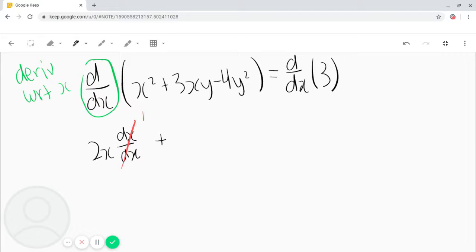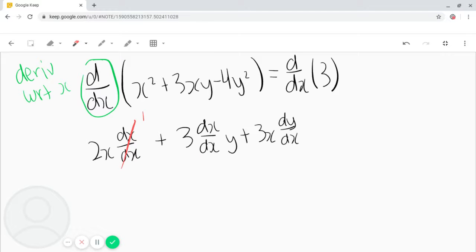So if we differentiate 3xy, that'll just be 3 dx over dx times y plus 3x dy over dx. Again, just keeping those dx over dx and dy over dx in is very important, just so we don't get confused.